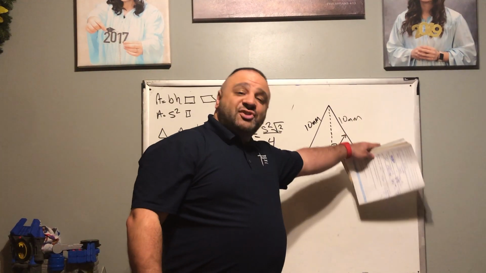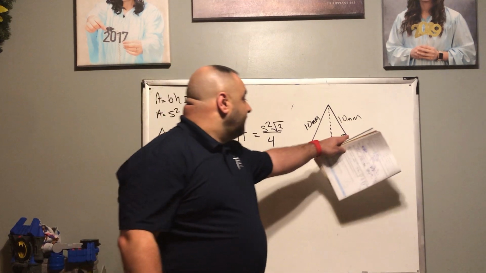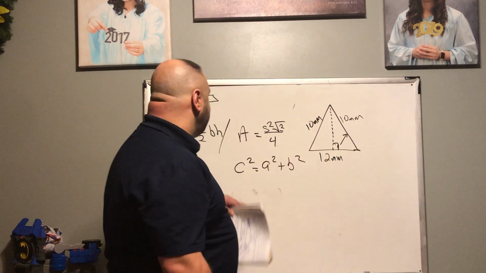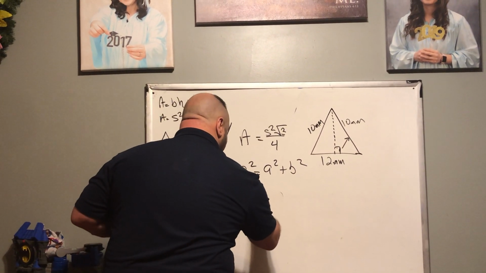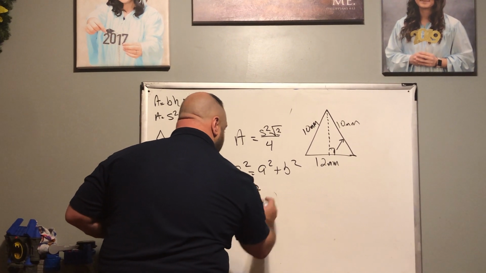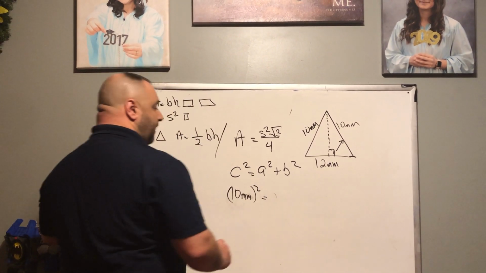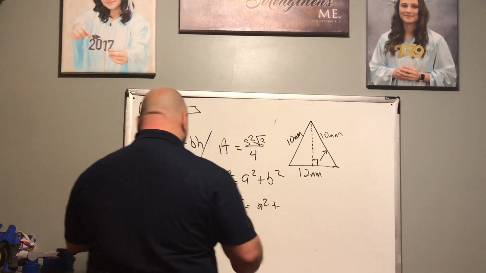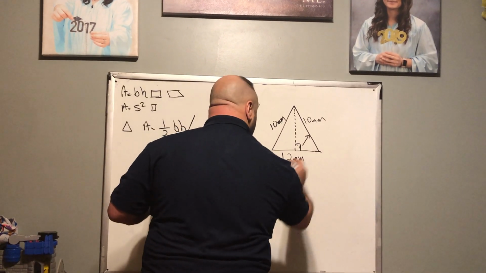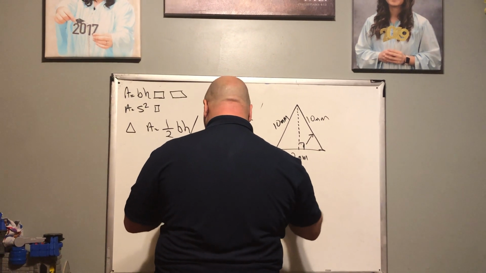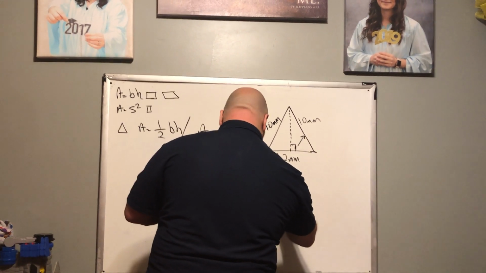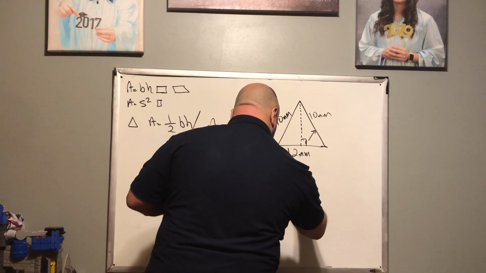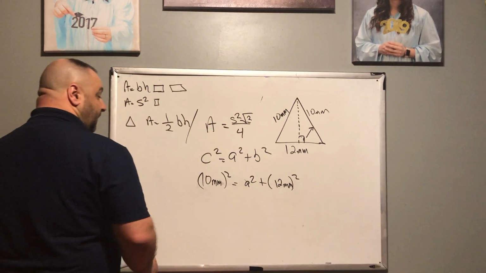What side is always opposite the right angle? The hypotenuse. Very good. So we have 10 millimeters squared equals a squared plus, and then the base is 12 millimeters, excuse me, squared.